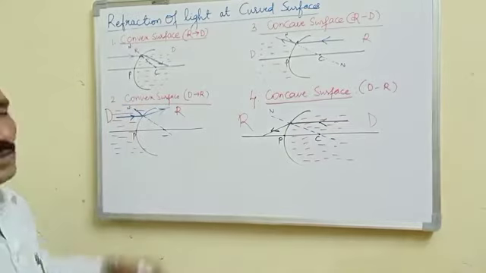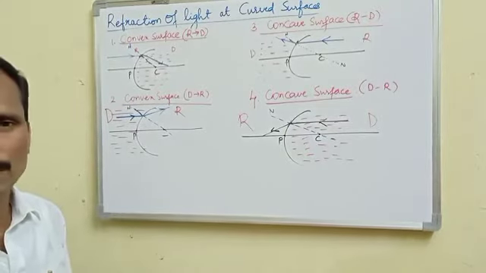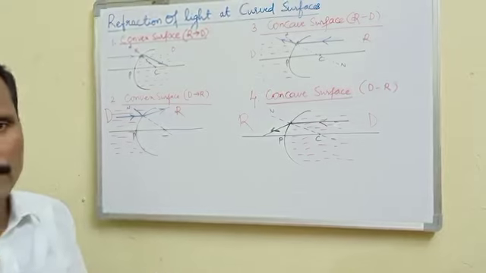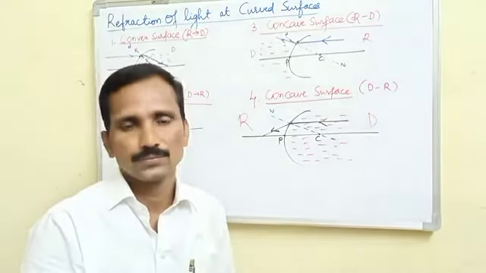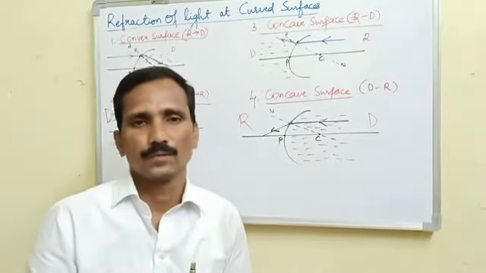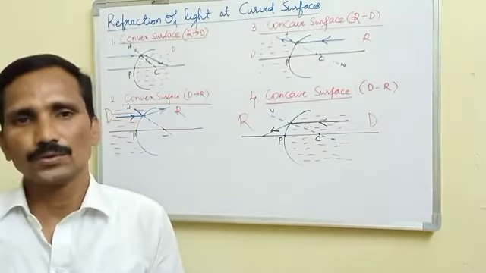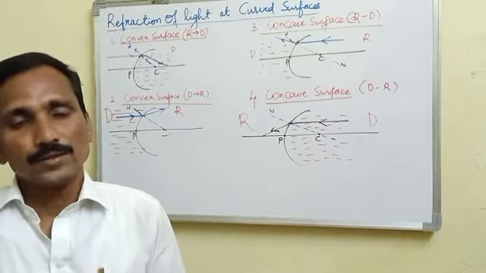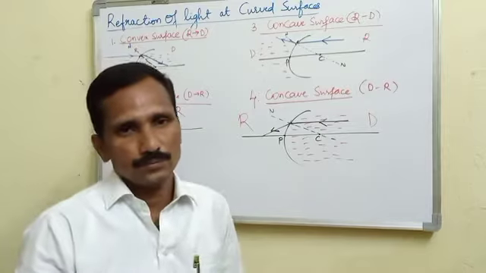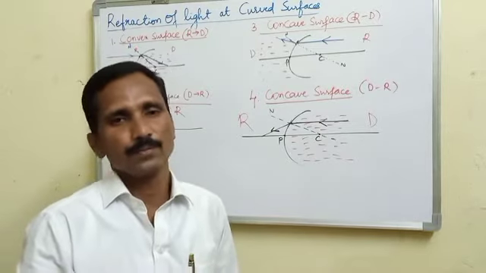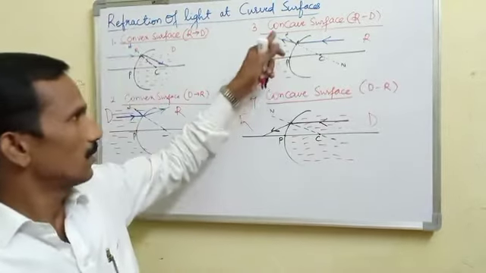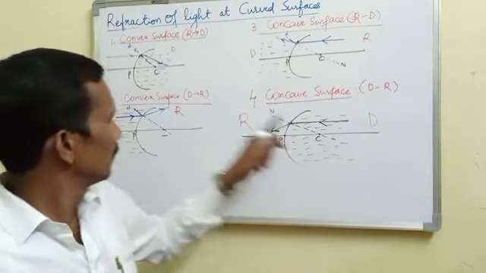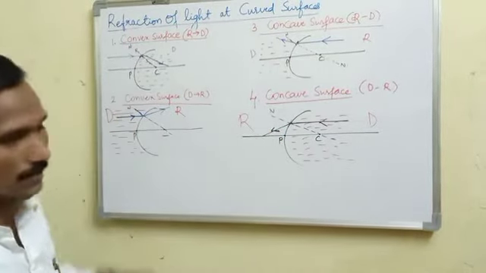So if you understand this simple logic, when a light ray moves from rarer to denser, it moves towards the normal, and when it moves denser to rarer, it moves away from the normal. This is the main point. The second main point is to draw the normals at the curved surfaces.